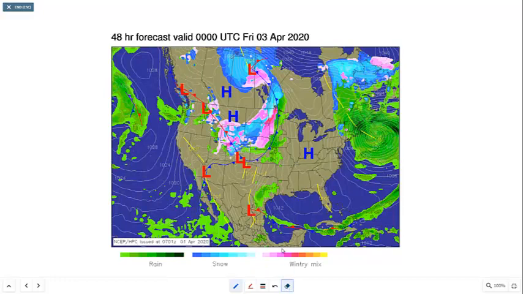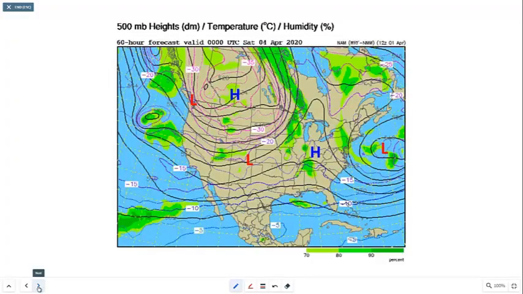Now, how do I know this? Well, let's go to the 500 millibar map and note where that surface high pressure system is located, underneath a trough in the upper atmosphere. That's the makeup of a thermal high pressure system. How did you know this one was synoptic? On the surface, what's above it? A ridge.